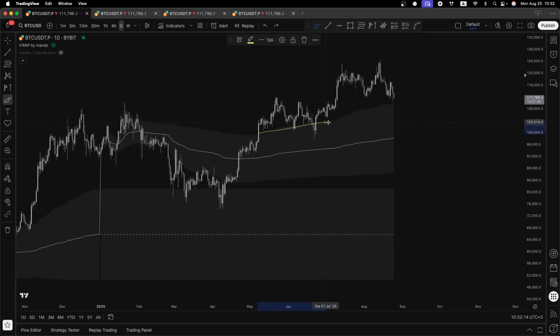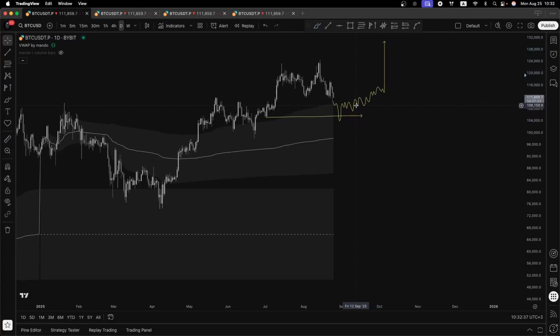For example, right here, value area high holding led to price going higher. If now we come into value area high, sweep some levels, never close below, I keep on chopping around here, this could potentially be setting up for a move higher, right?